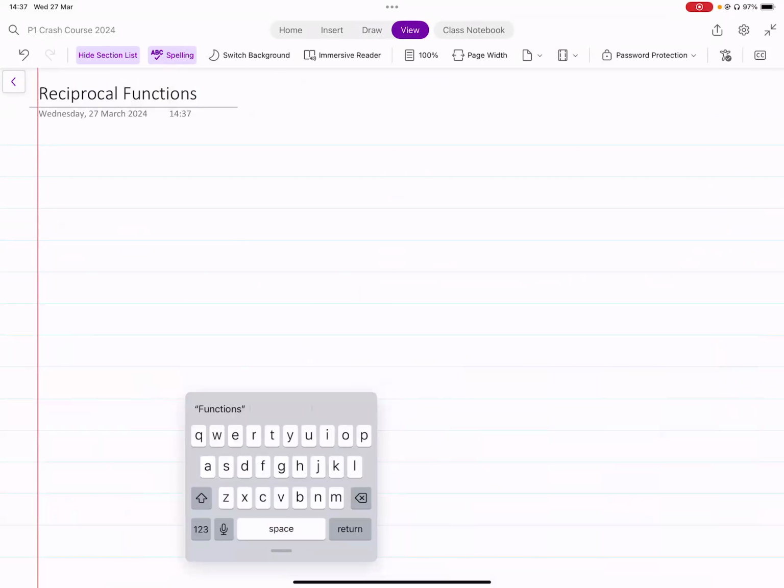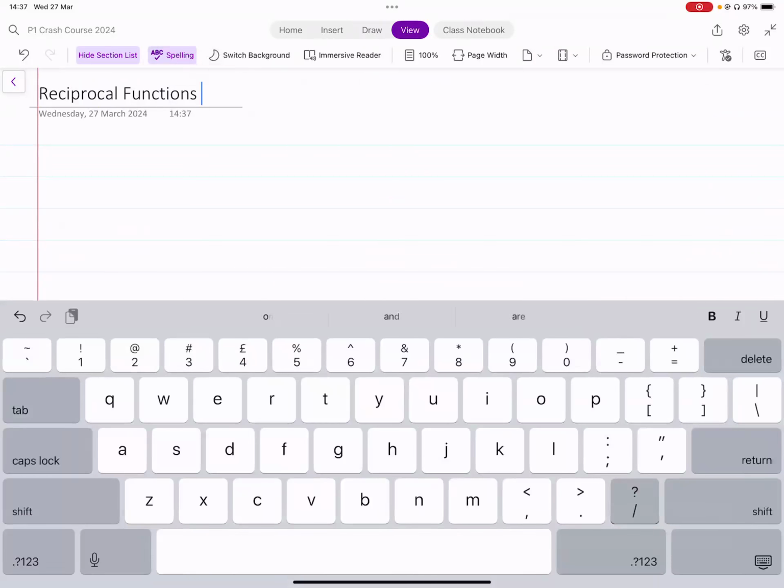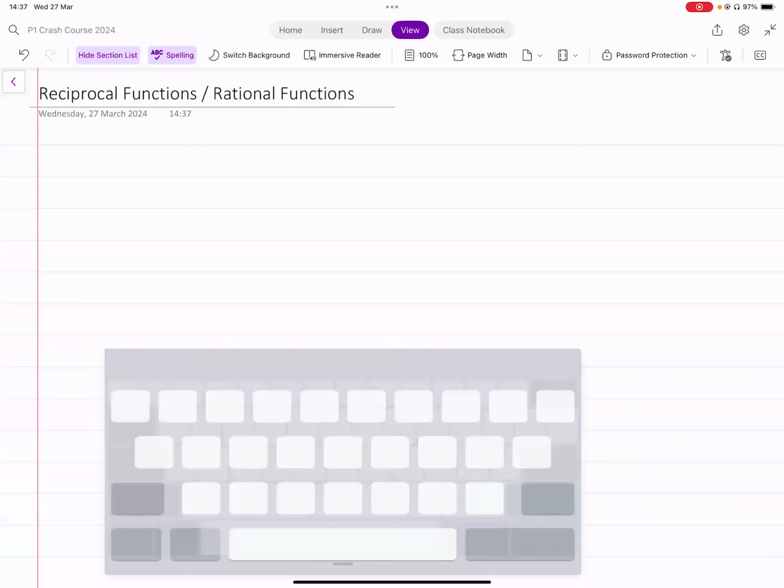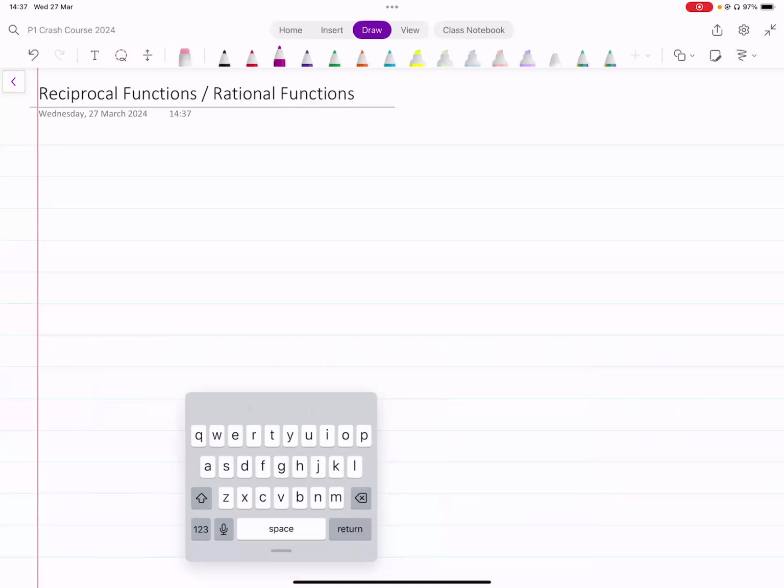Now, this is another type of function that you would see in the questions and past papers. These are called reciprocal functions. There's another name that we have for this. These are also called rational functions. Now, there's a slight distinction between what a rational function is and what a simple reciprocal function is. But for our purposes, we will treat them the same.